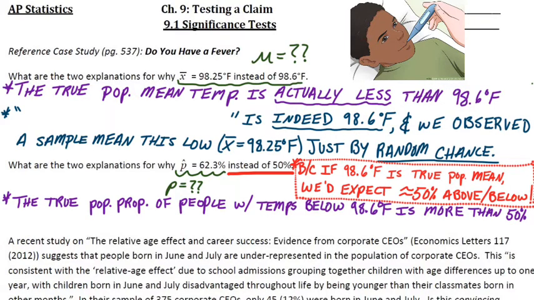So maybe our data is strong enough that we could just say, look, this proves that the true proportion is more than 50%. So the true population proportion of people who are chilly, right, they have temps below 98.6 degrees Fahrenheit, could just be more than 50%.